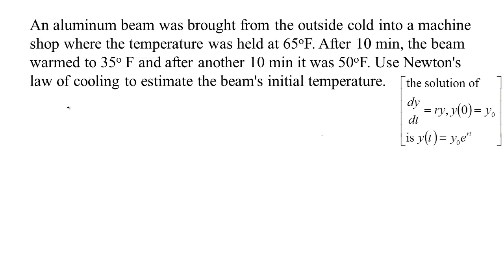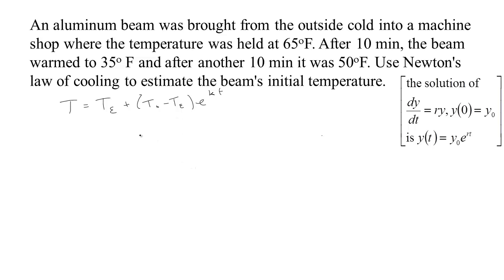Okay, so we've got our model that the temperature should be equal to the temperature of the environment plus the initial difference in temperature between the object and the environment times e to some constant times t. Now in this case we don't know the initial temperature and we don't know what that k should be.